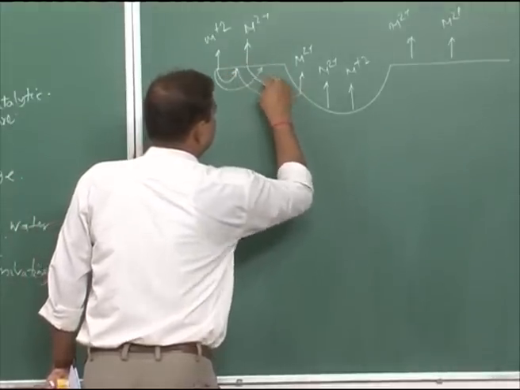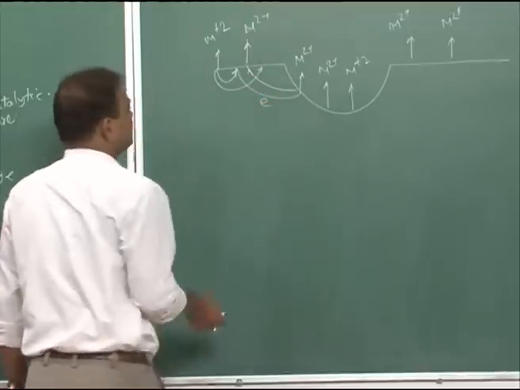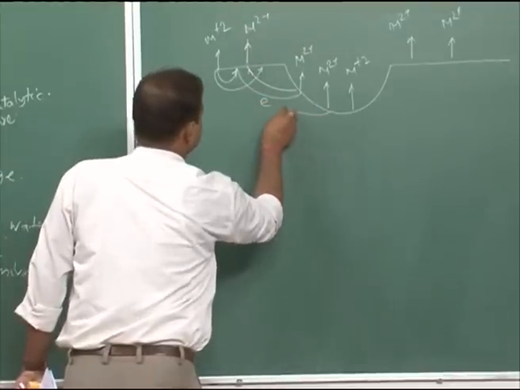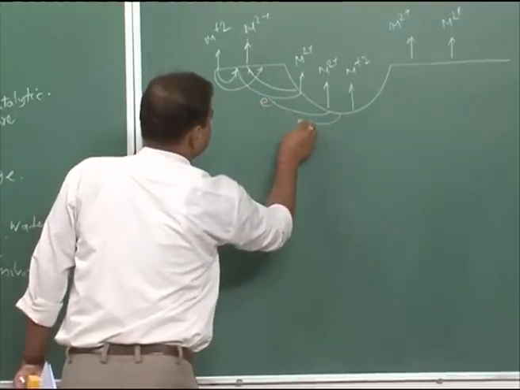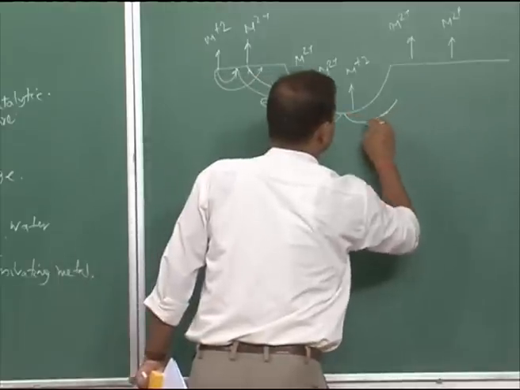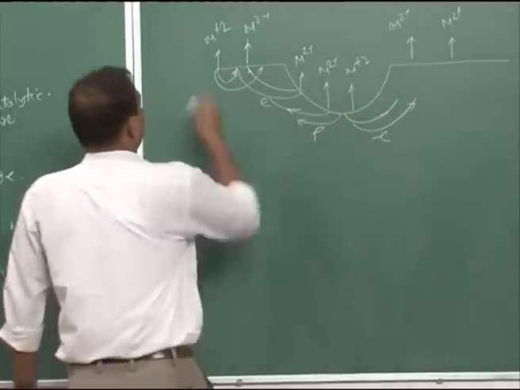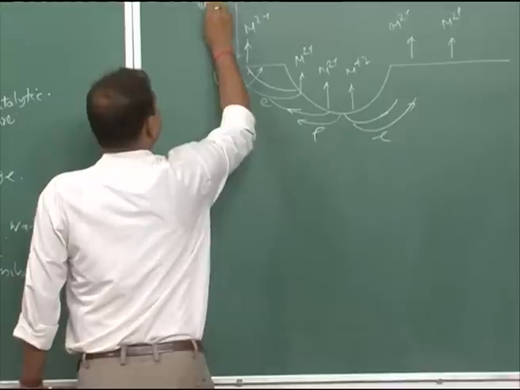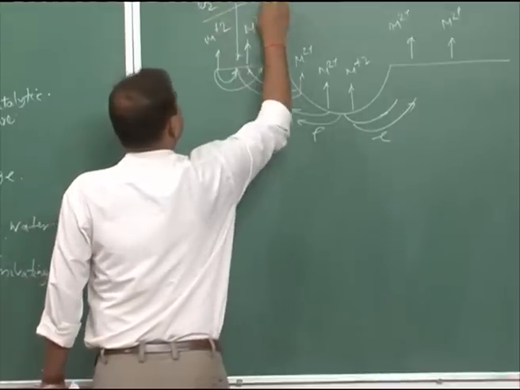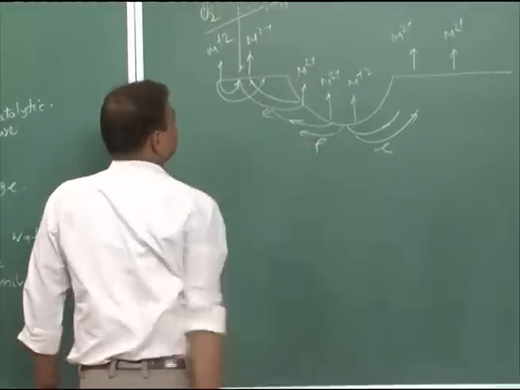Electrons are going from several positions to several sites. Oxygen would come and form OH minus ion.